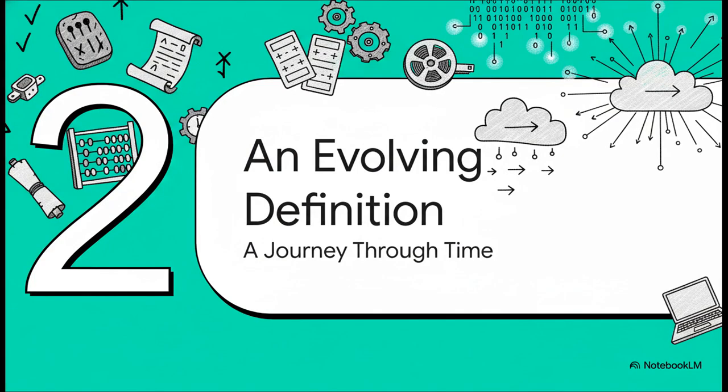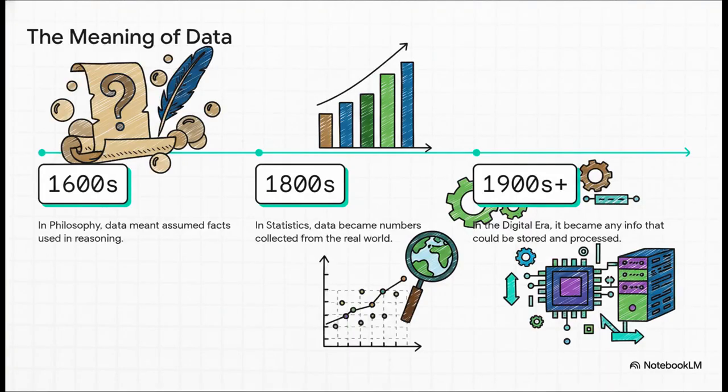But of course, language doesn't stand still. And the meaning of data has been on one heck of a journey, changing in huge ways as our world got more complicated and, well, more digital. You can really see it shift over time. Back in the 1600s, it was still all about these assumed facts for philosophical arguments. But then you get to the 1800s, statistics becomes a big deal.